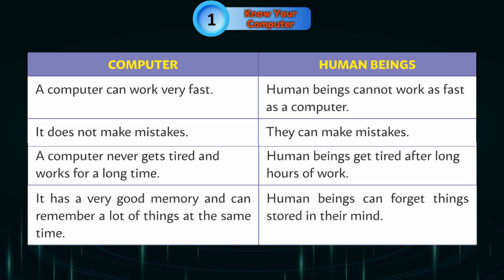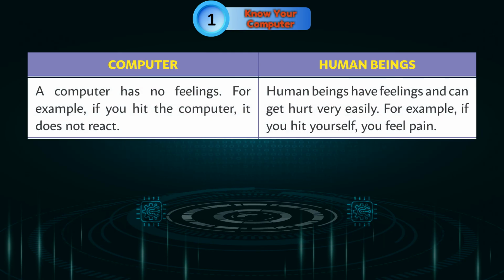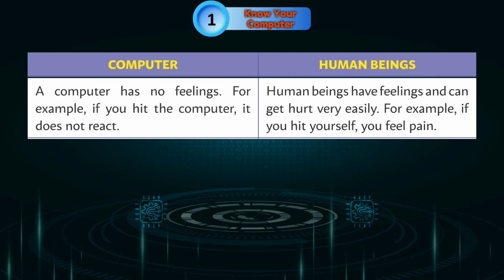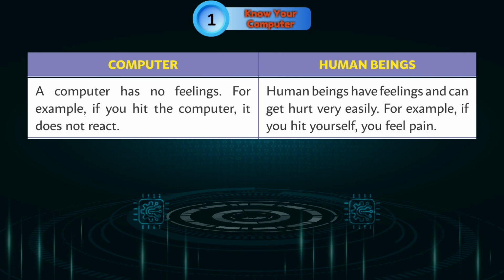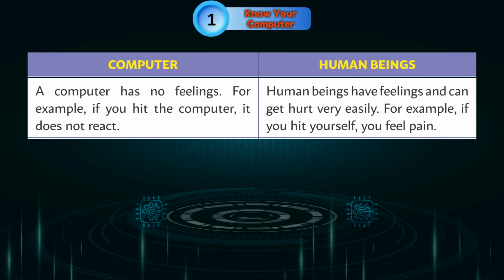It has a very good memory and can remember a lot of things at the same time. Human beings can forget things stored in their mind. A computer has no feelings. For example, if you hit the computer, it does not react. Human beings have feelings and can get hurt very easily.